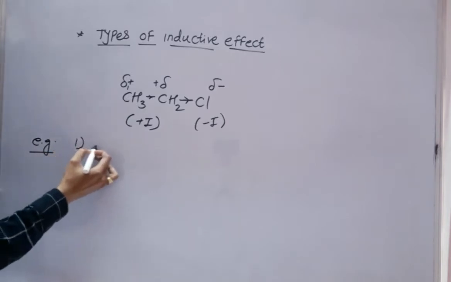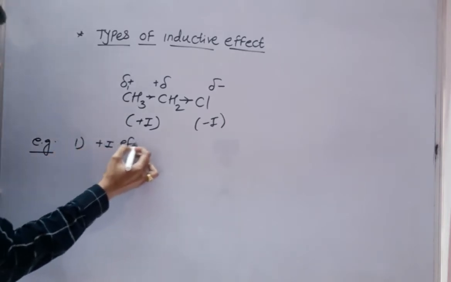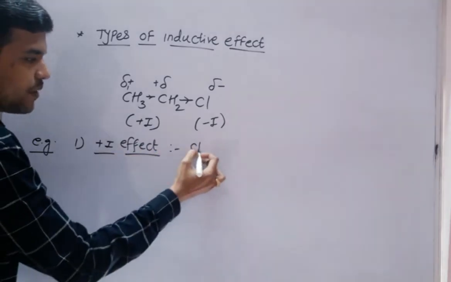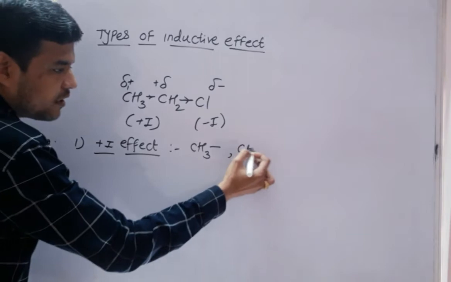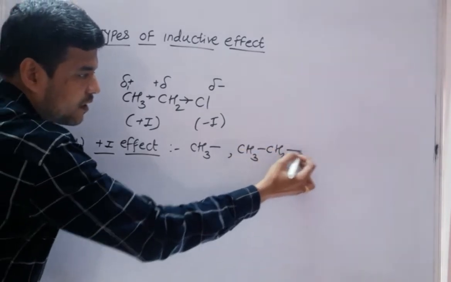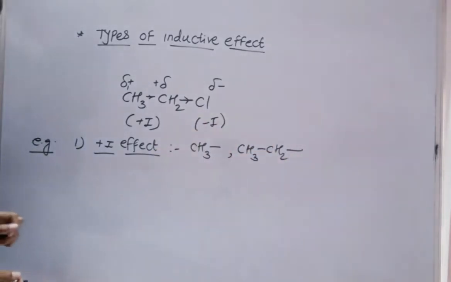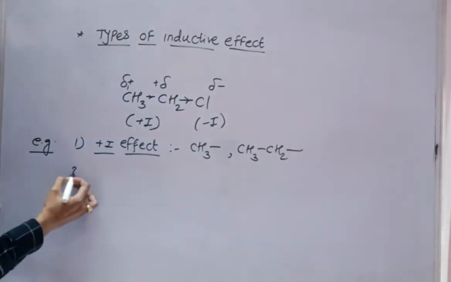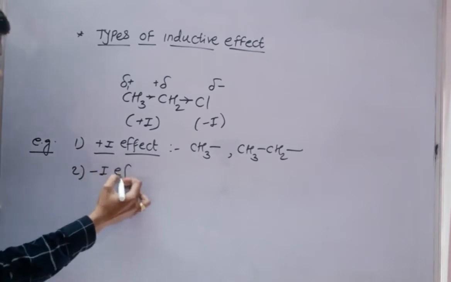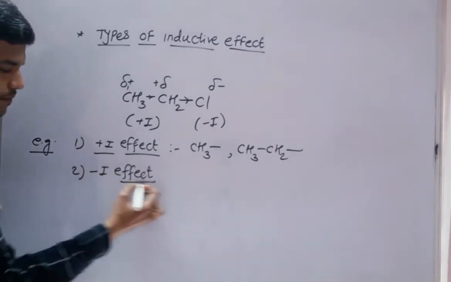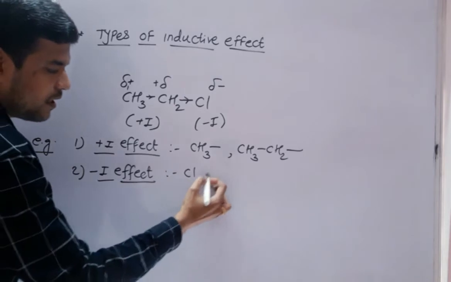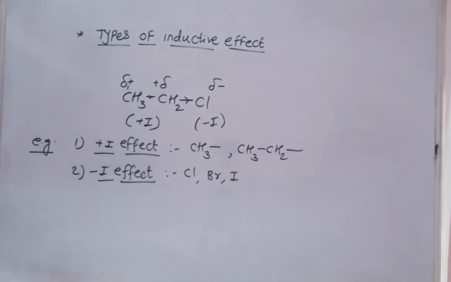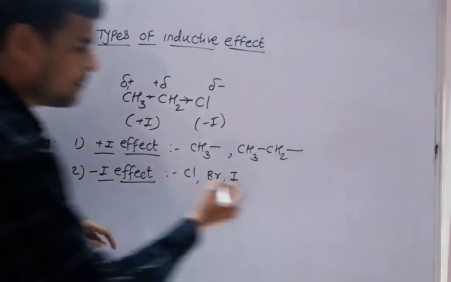Remember the groups which show the plus I effect: methyl group or ethyl group. They donate electron density to the electronegative atom. And the groups which show the minus I effect, the electron withdrawing character, are Cl, Br, I, NO2, CN, COOR.